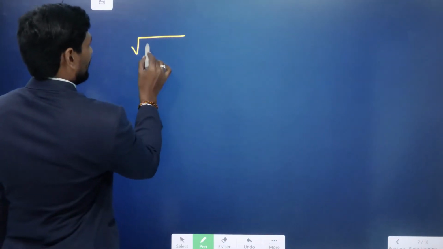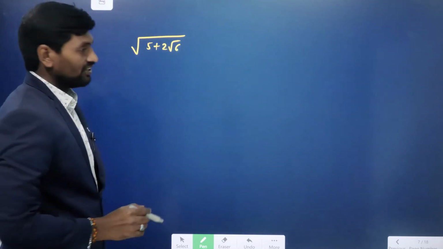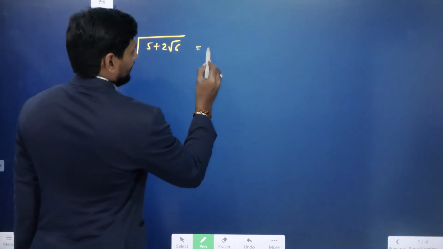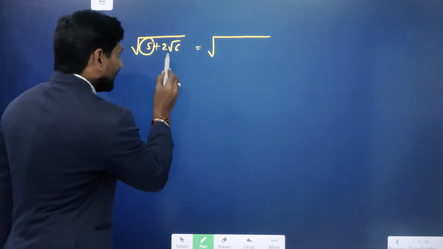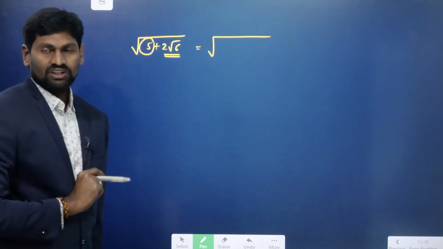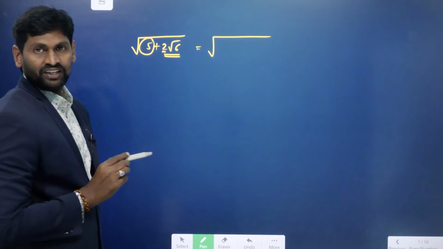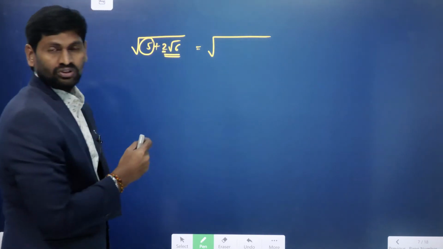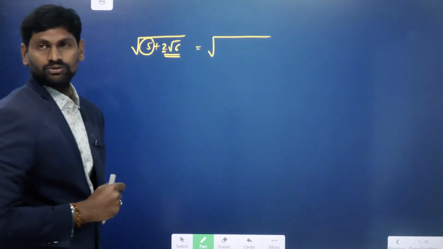Square root of 5 plus 2 root 6. Your first condition is, here 5 is a rational number, and the other is a mixed surd or surd, whatever. Here 2 must always be there. If there is no 2, we have to make it into 2, or if any other number is there except 2, we also have to make it into 2.